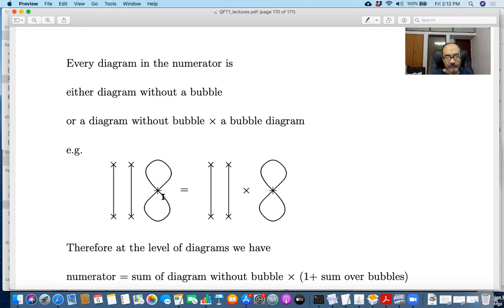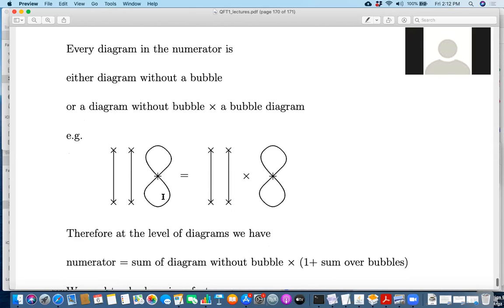But once we have gotten an identity that the numerator over denominator is the numerator without bubbles, then if you calculate numerator over denominator and expand to a given order in lambda, that will be the same as numerator without bubbles expanded to that order in lambda. See, if f of lambda is the same as g of lambda, then the expansion of f of lambda is the same as the expansion of g of lambda. Right? So that's what we will be using.